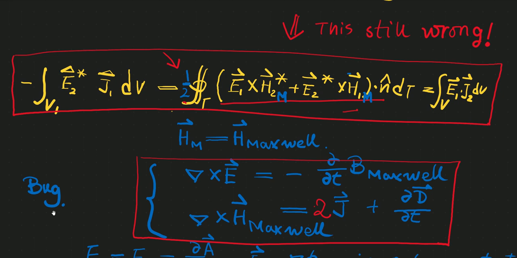What is correct way? Correct formula is we need to take m out. That is correct.